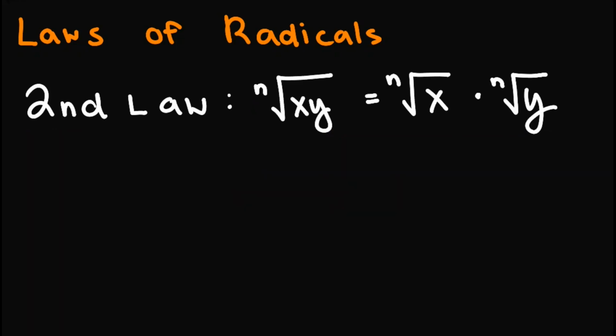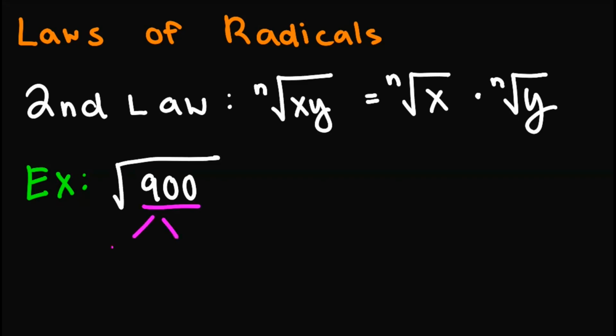To illustrate this, let's have this example. Let's have the square root of 900. If we don't know the square root of 900 immediately, we can first observe that we can actually write 900 as 9 times 100.